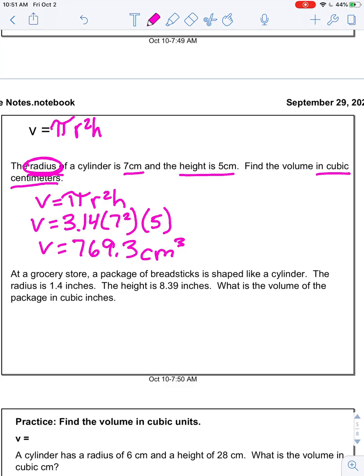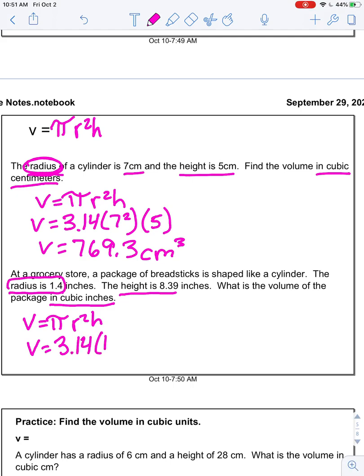At a grocery store, a package of breadsticks is shaped like a cylinder. The radius is 1.4 inches. The height is 8.39 inches. What is the volume of the package in cubic inches? So we have our formula, V equals pi r squared h. 3.14 for pi.